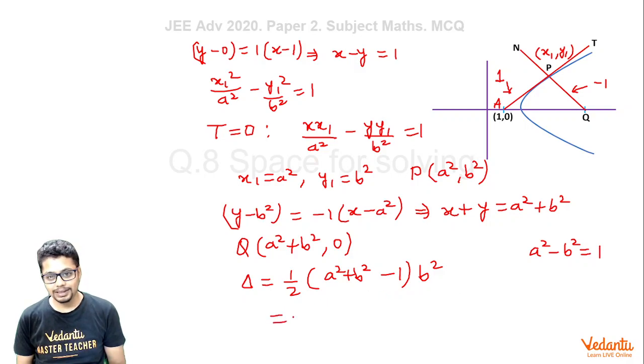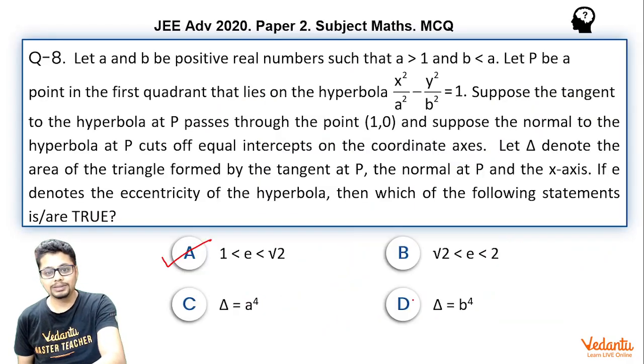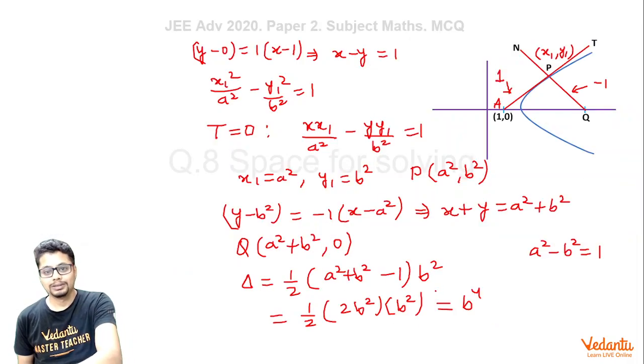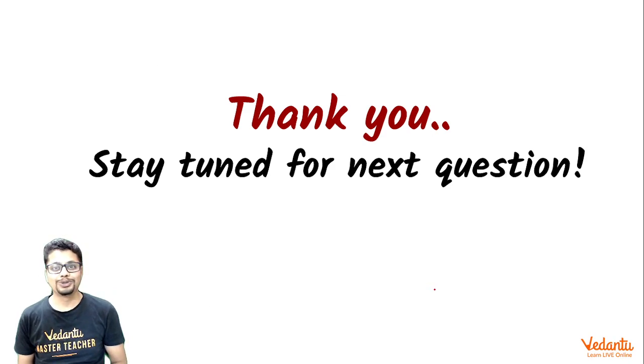So this area becomes half times, A square minus 1 becomes B square, and already there is one B square, so it becomes 2B square times B square. So the area delta becomes B to the power 4. That means D is also correct, and hence C is not correct. So A and D are the answers. Thanks for listening. Stay tuned for the next question.